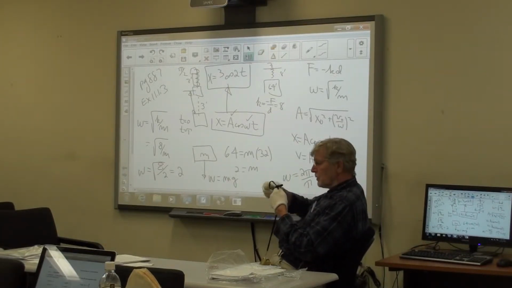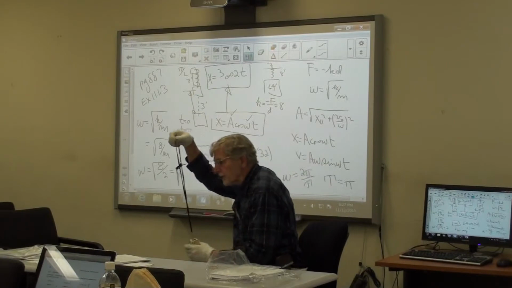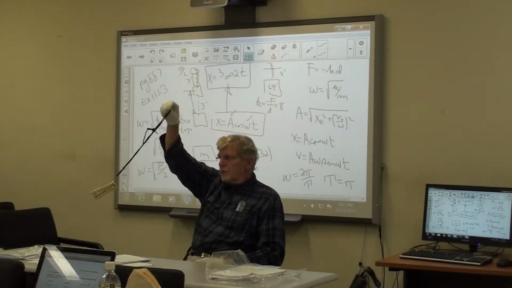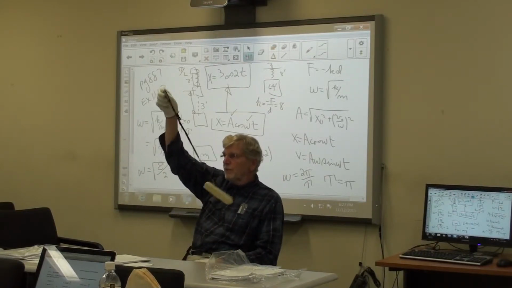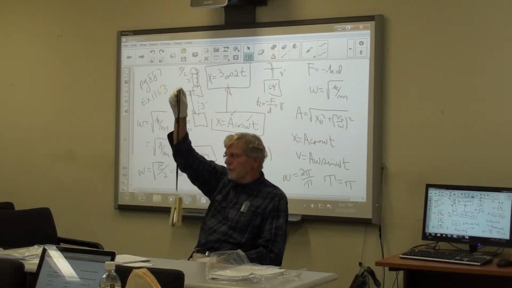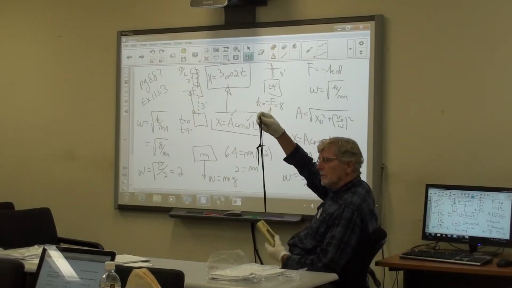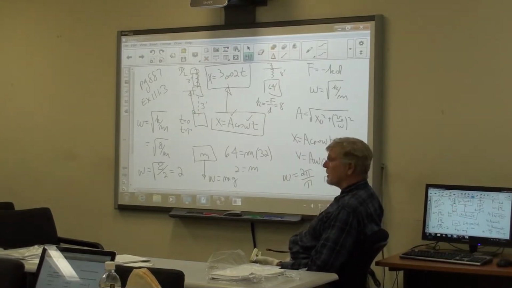But remember what I told you about pendulums and all simple harmonic motion. The frequency is independent of the amplitude. The frequency is determined by the mass of the spring. So if you kick it, have you changed the mass of the spring? No, so the frequency doesn't change. So we don't have to redo the frequency, we already did it.